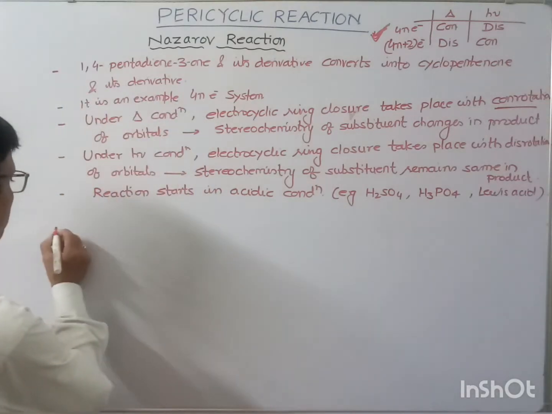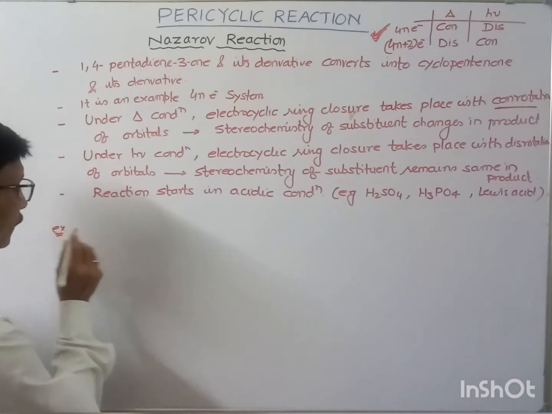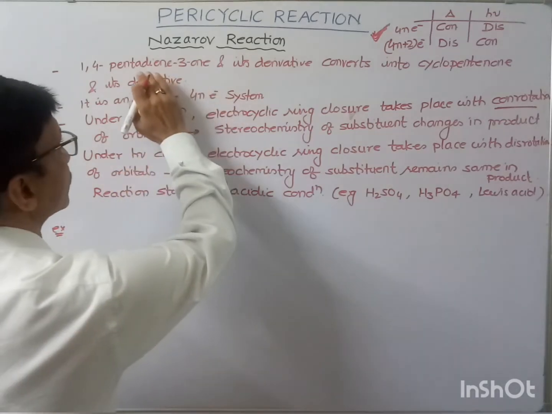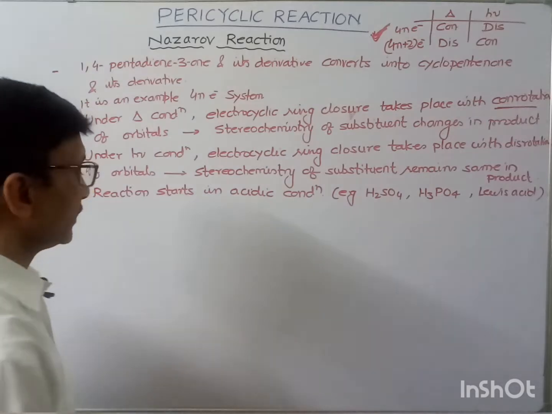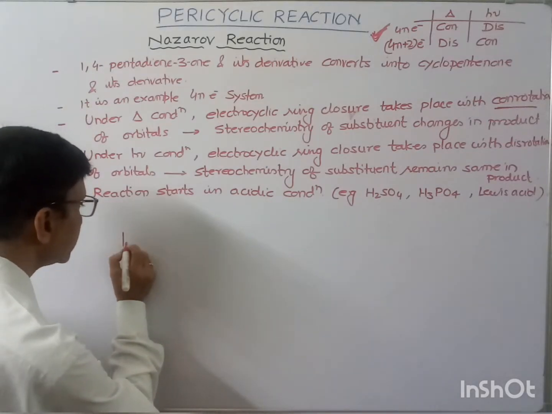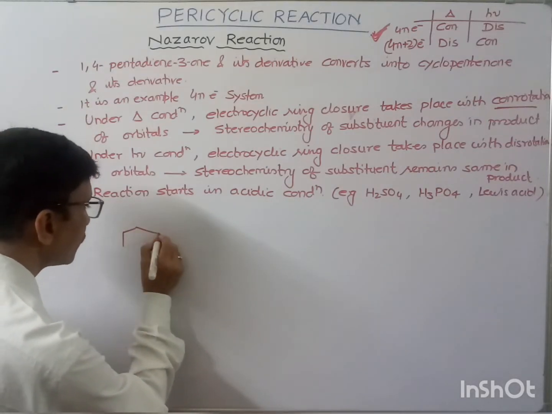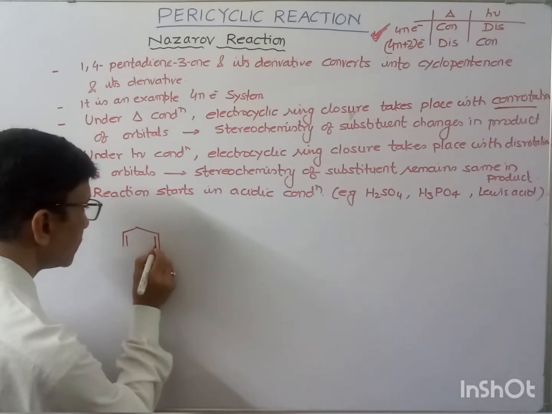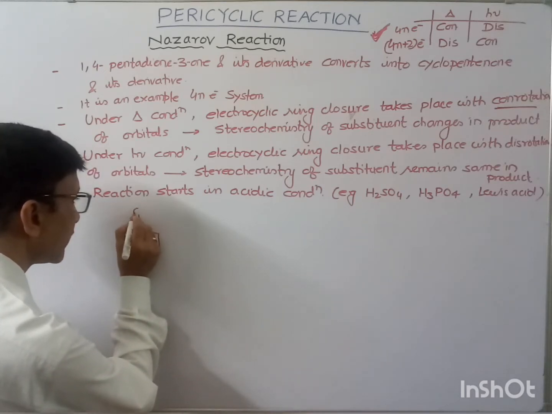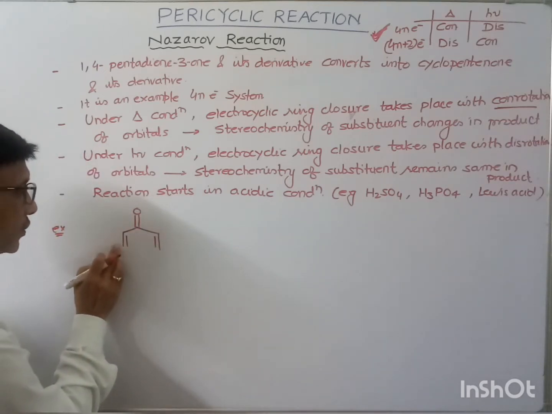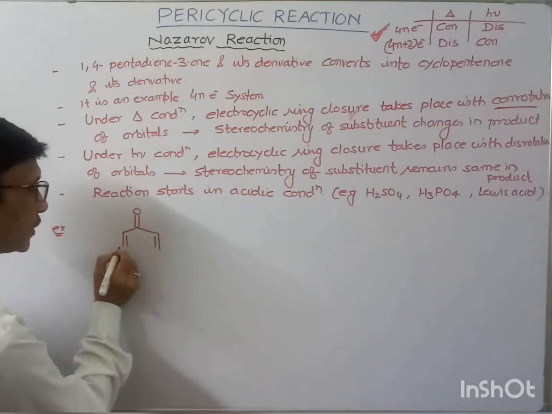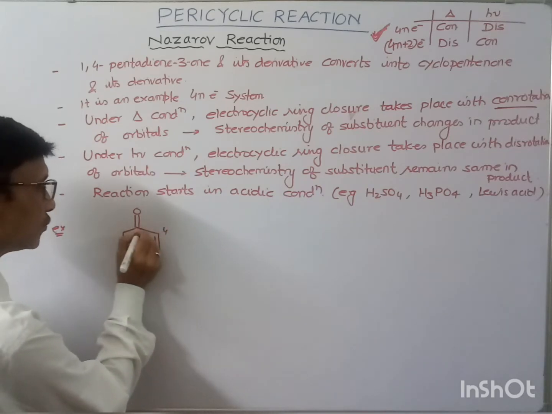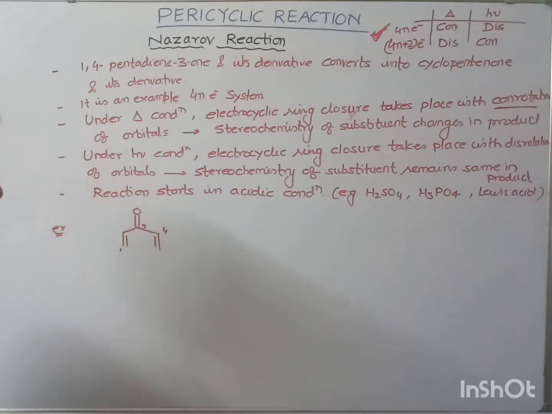So for example, if we take 1,4-pentadiene-3-one, suppose I simply take 1,4-pentadiene-3-one. So this is 1, 2, 3, 4, and this is the third carbon.